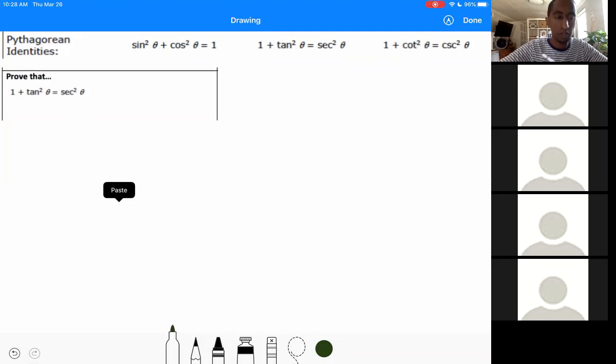What I mean by that is, let's say we want to rewrite tangent squared of theta only with respect to sine and cosine. How can we rewrite tangent squared of theta using what we know?